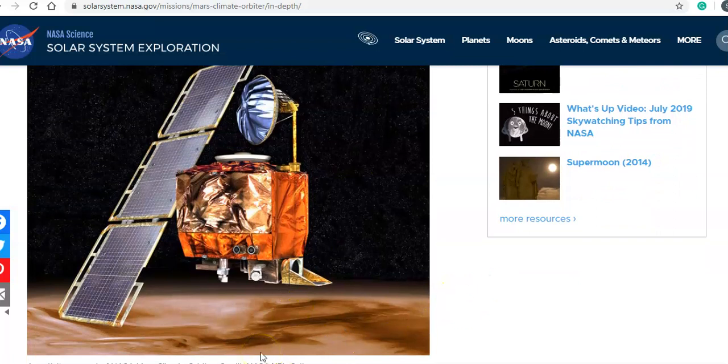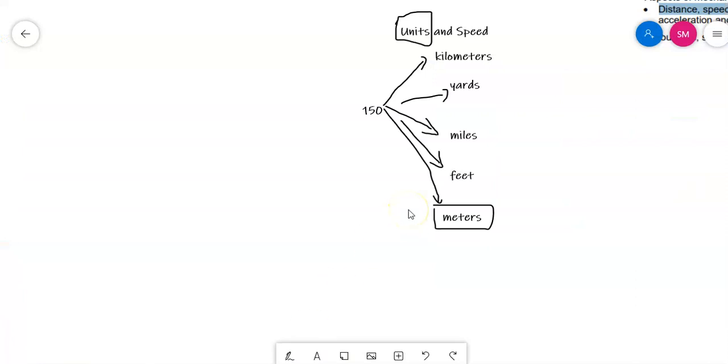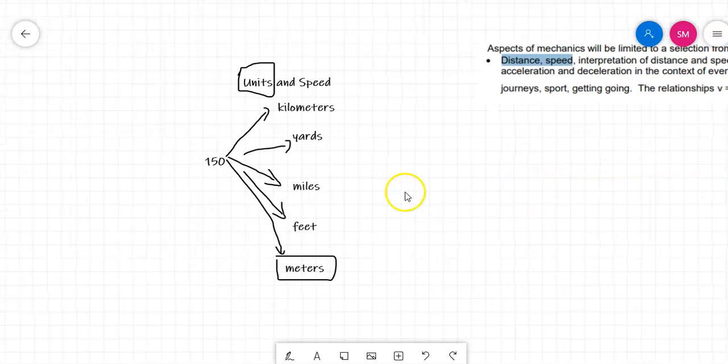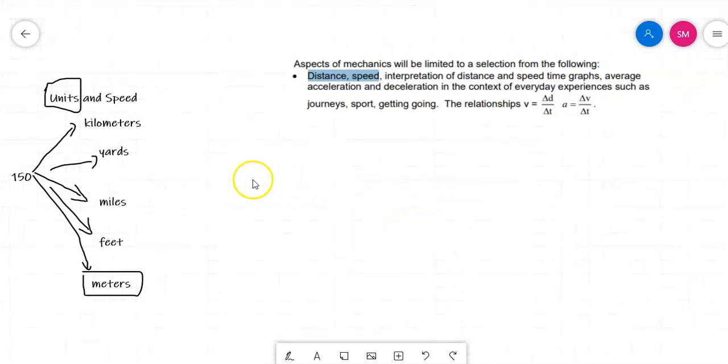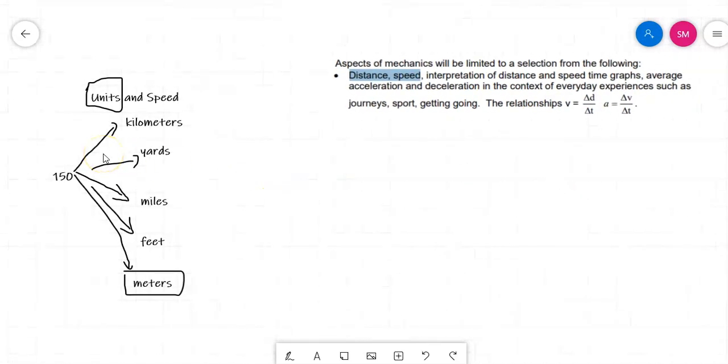So we won't be able to cause quite so much damage if we don't use the correct units for our topic, but it might cause you to go from a merit to an achieved, for example. So units are really important in the wider world. In terms of our standard, we need to be using units to be able to get as good a grade as we can. So those are the importance of units.